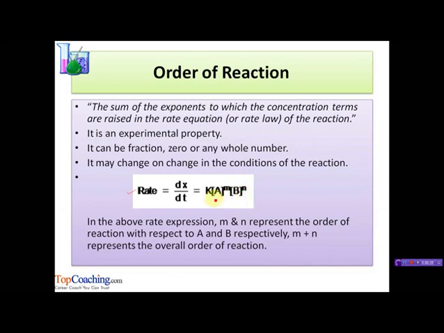Now the order of reaction with respect to the reactant A will be m, and the order of reaction with respect to the reactant B will be n, and the overall order of the reaction will be equal to m plus n. This property, that is the order of reaction, is an experimental property.